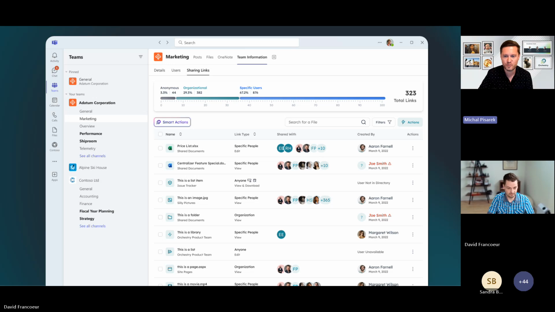Last thing to talk about before we jump out of here: the ability, Dave, I know you like this one, to see sharing links as part of the team information tab for owners. This will be awesome, because imagine if you're a team owner, now you can see the sharing links and you can go and delete them without having to do a workspace review or anything like that.